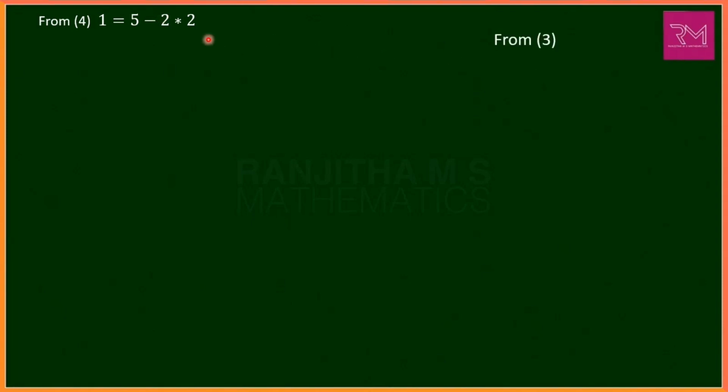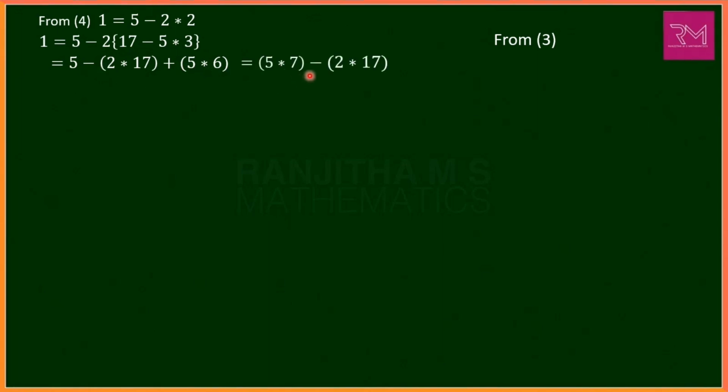Substituting equation number 3 for the value 2, we get 1 is equal to 5 minus, here 2 is nothing but 17 minus 5 into 3, into 2 as it is. Next step, multiply 2 inside the bracket, we get 5 minus 2 into 17 plus 5 into, here 3 into 2 is 6. Here we have 5 into 1, here also we have 5 into 6, so we have to add this value, we get 5 into 1 plus 5 into 6 is 5 into 7 minus 2 into 17 as it is.